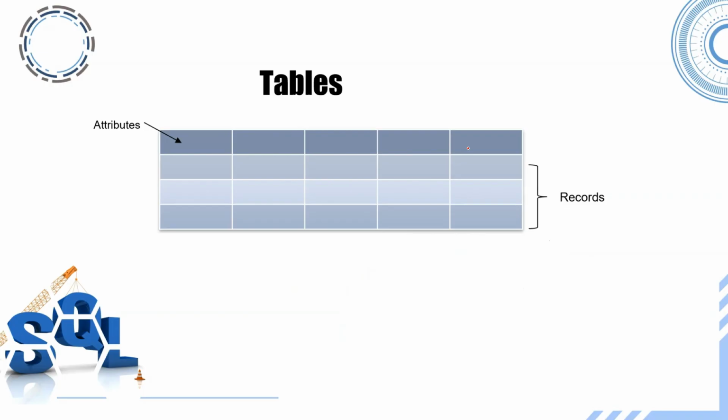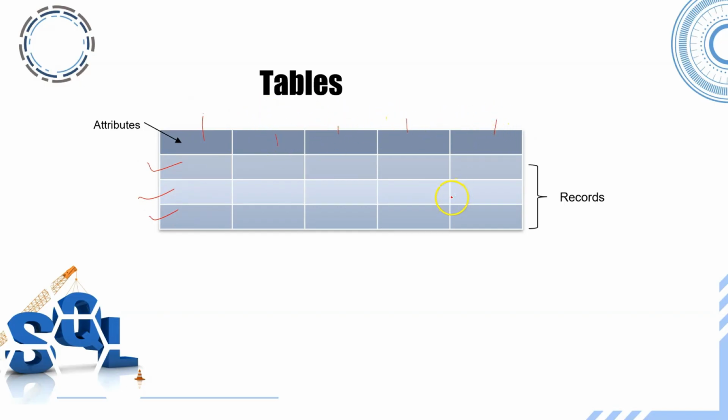Now we have said that in case of relational data, we are discussing tables. So a relational database is basically a combination of related tables. A table is created of rows and columns. Here you can see that these are all the rows and these are the columns.